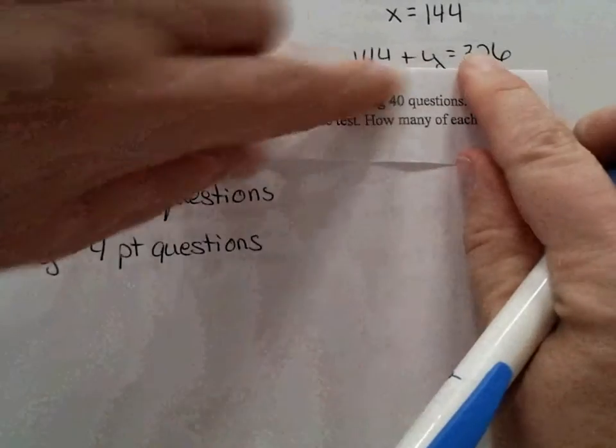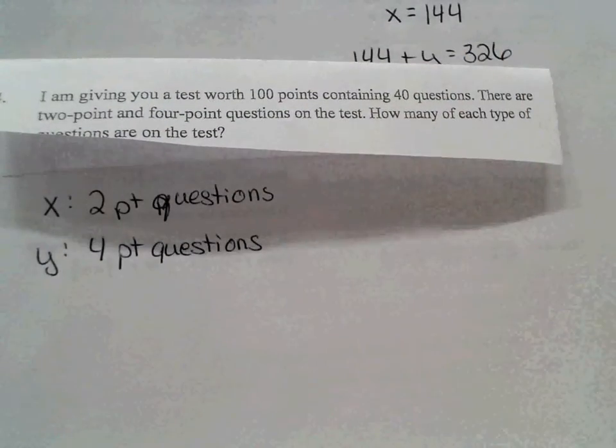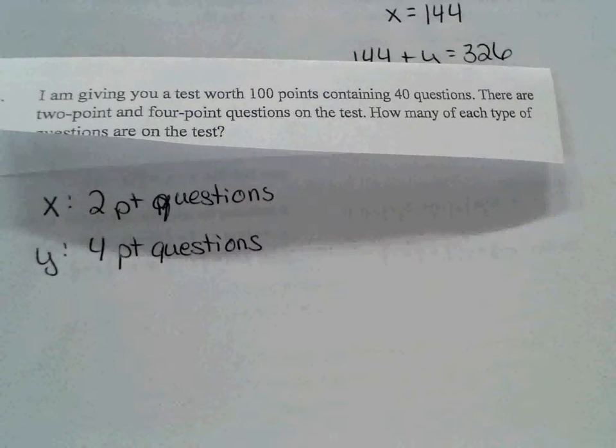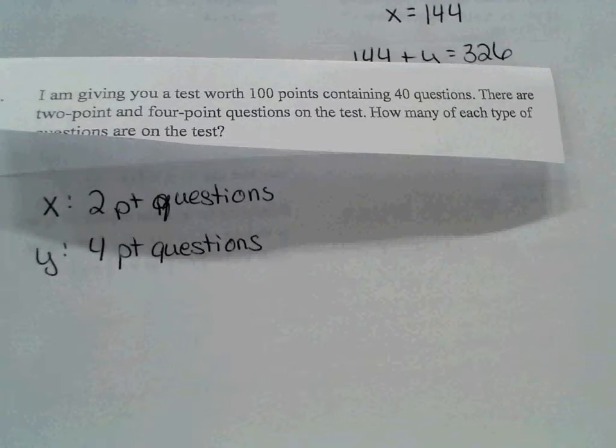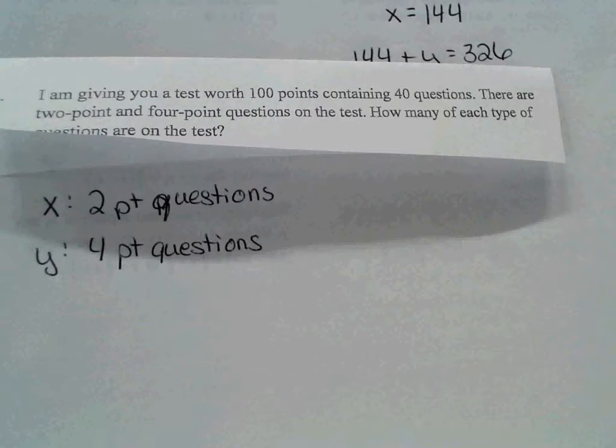Okay, just like when we did the questions with money, we took the three numbers that had money and put them together. Now, even though it looks like there's only two numbers here, 100 points and 40 questions, there's really four numbers here. Where are your other two numbers? 2 points and 4 points.